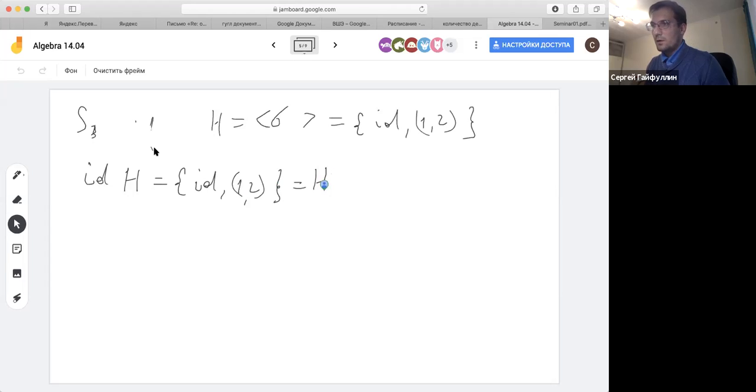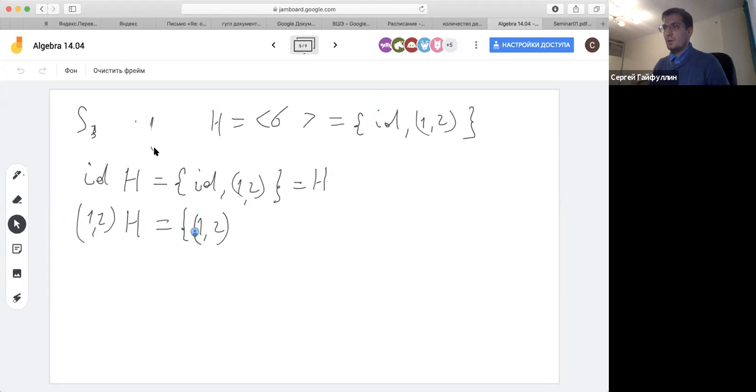Then I need, for example, this left coset. What shall I do? I shall multiply 1, 2 by identity. Of course, I have this one.